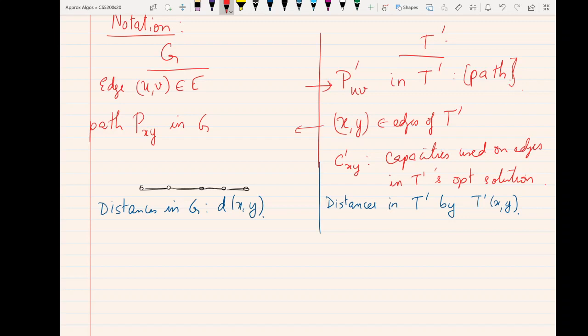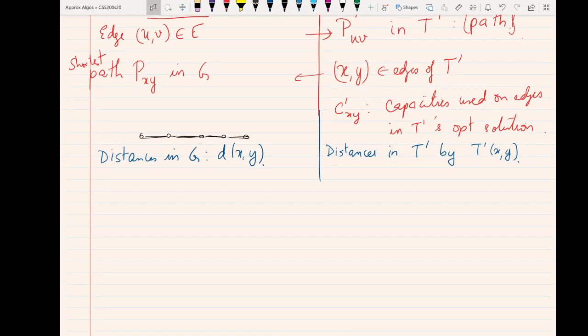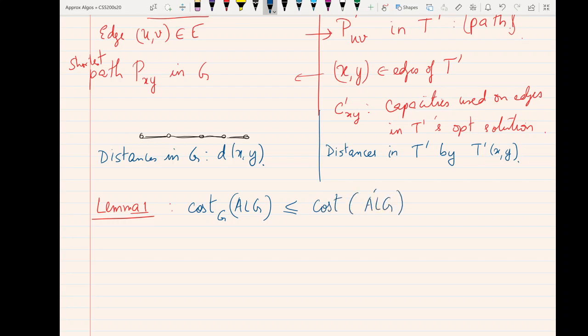Now the xy adjacency, this has to be one of the shortest paths. Now the first lemma, as I said, is going to be the following: that my final algorithmic cost is at most the cost of the, what do I mean, this is again, if you recall, the optimal solution that we found in the tree T prime.